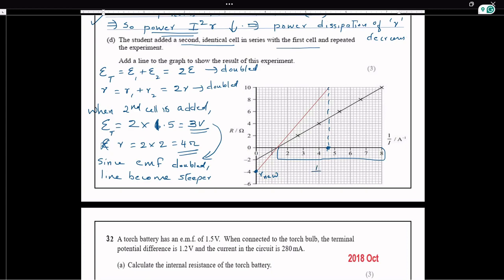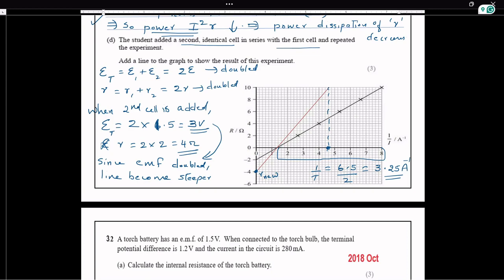So here 1 over I must be half of 6.5, that is 3.25 per amp. That is why the new line, the red line, has an internal resistance or y-intercept of 4, and it reaches that resistance of 10 ohms at a 1 over I value of 3.25.